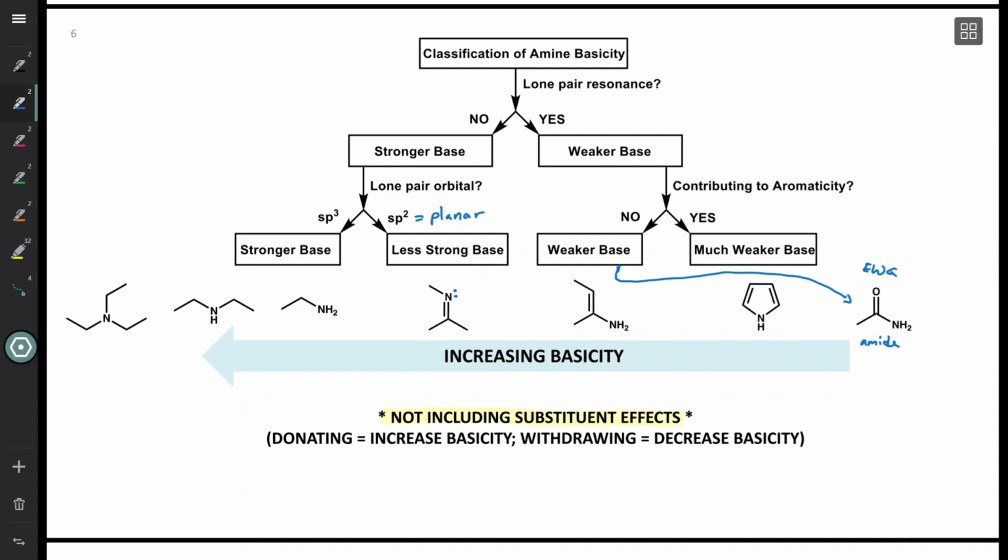So because of that substituent effect. So those are important effects, and they will jumble the order in a sense. If you have the donating group, it will increase basicity, right? If you have a withdrawing group, it'll decrease it.